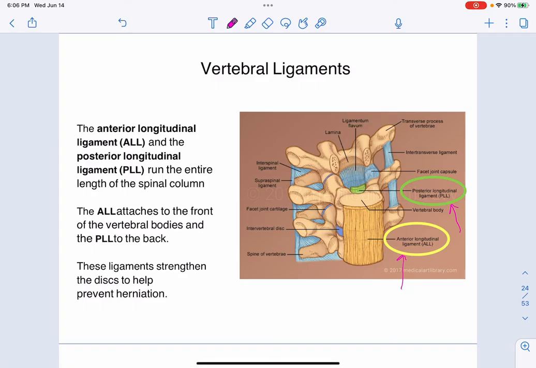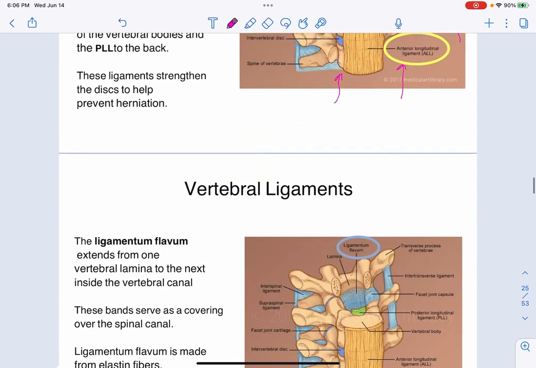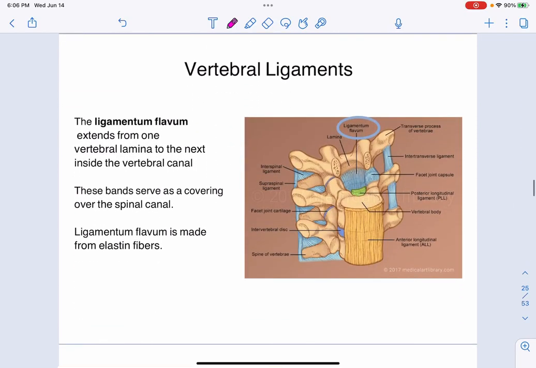And they are running the length of the entire spinal column, and they are around the body of each of the vertebrae. So they attach to the front and the back of the body of the vertebrae to help support it. It strengthens the intervertebral discs and helps to prevent herniation.